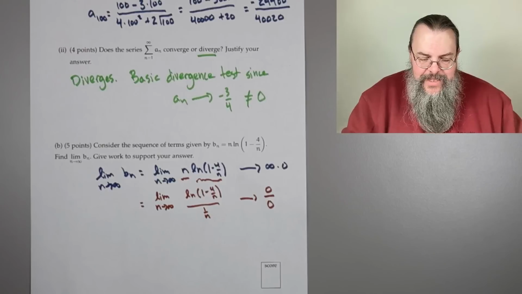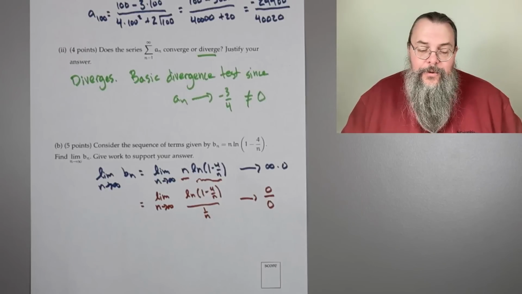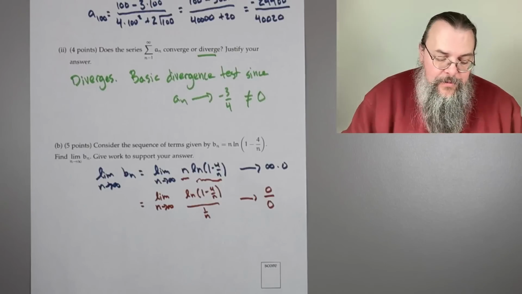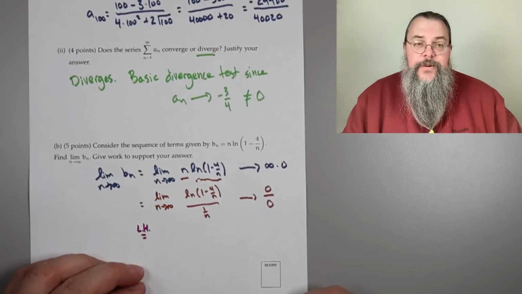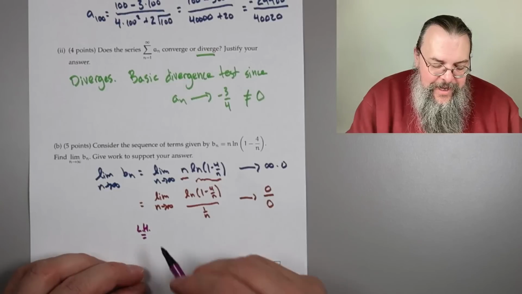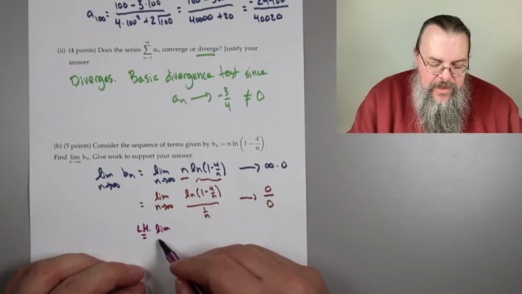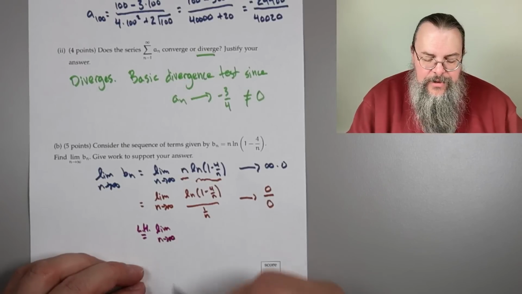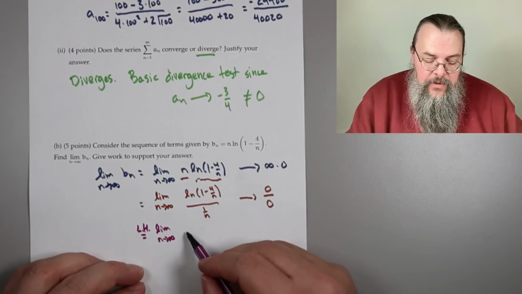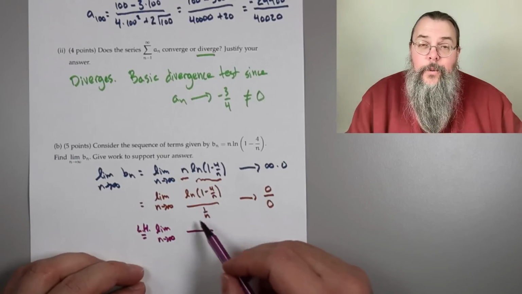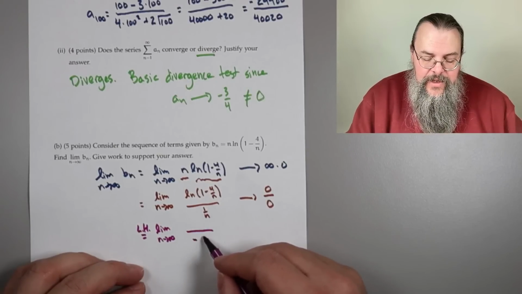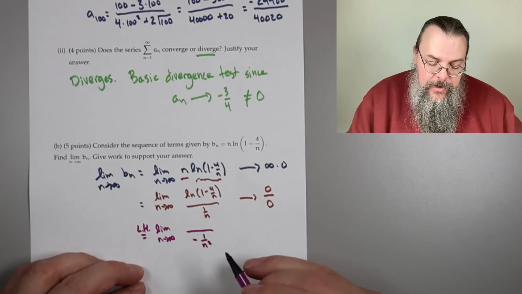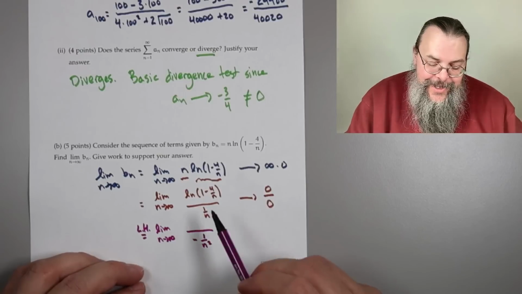Ah, yes, L'Hopital. Okay, so what happens next? Well, we'll mark this with L'Hopital, the universal LH, and this becomes the limit as n goes to infinity. We're going to think of taking the derivative with respect to n. Well, we'll start with the downstairs. 1 over n, that's like n to the minus 1. The minus comes down, then you have n to the minus 2, so that's minus 1 over n squared. All right. Now, log.